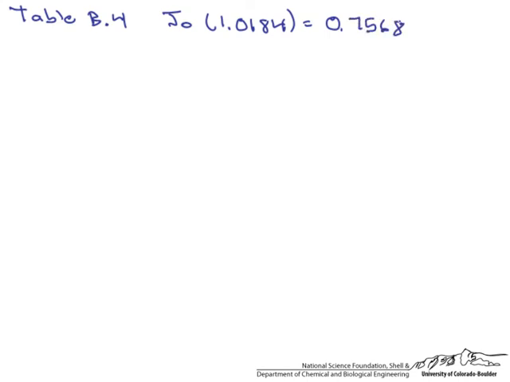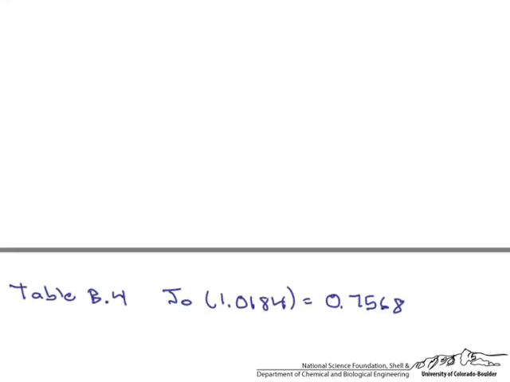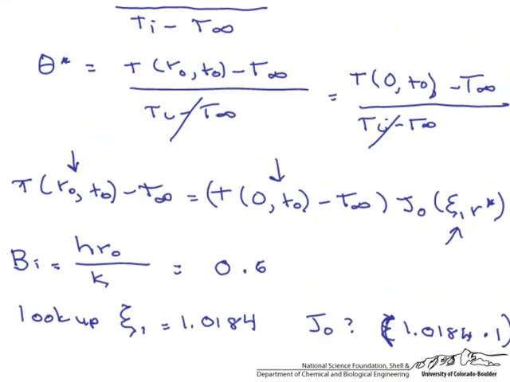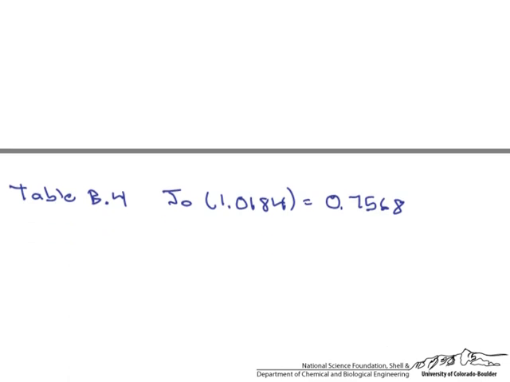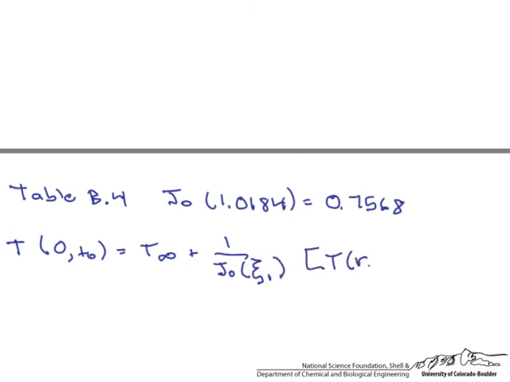So we rewrite, let's take a look at this back here. We rewrite this equation here in terms of what we're looking for. So our T at 0, t0, equals T infinity plus 1 over the Bessel function of our eigenvalue, times T of r0, t0 minus T infinity.